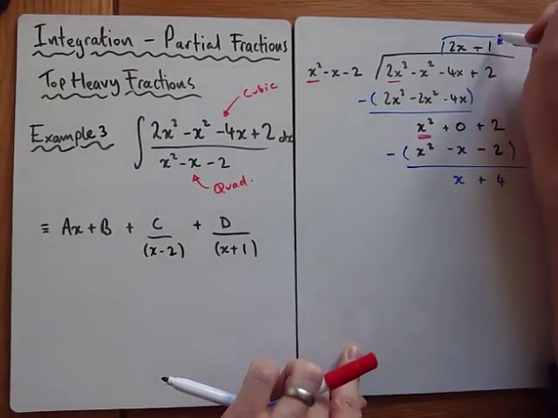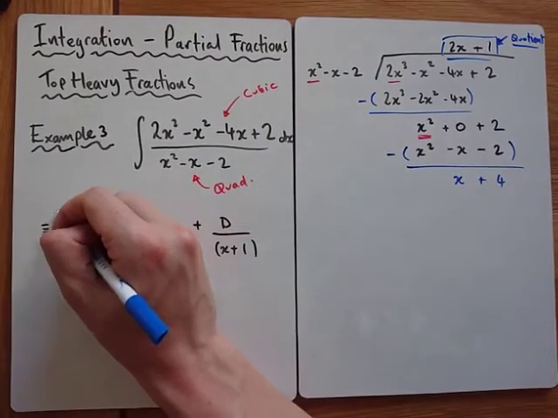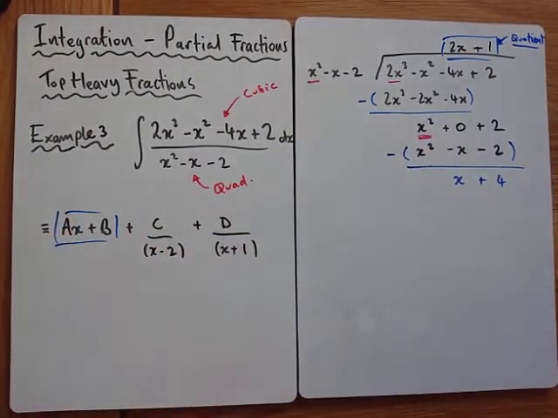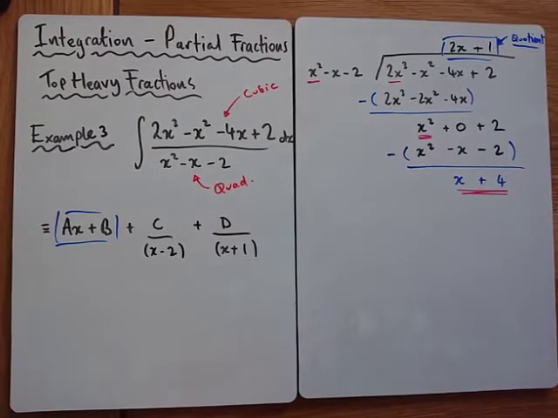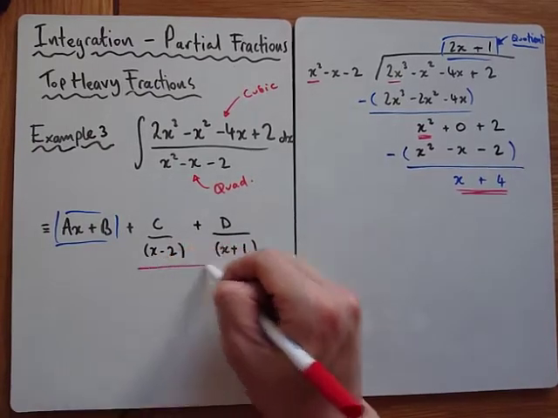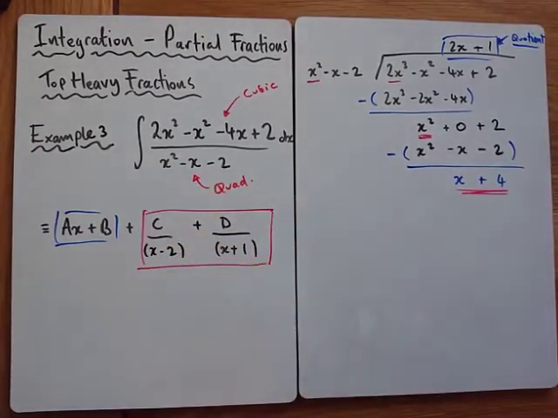So that 2x plus 1 is essentially the ax plus b that we were trying to find. And our remainder, x plus 4, is going to form the 2 separate fractions that we need to find.